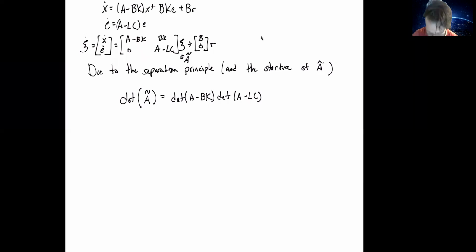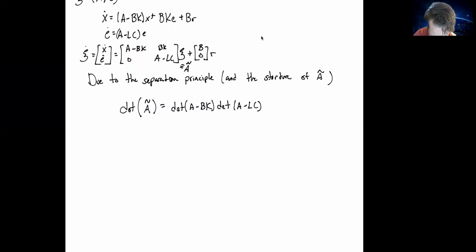Actually, you can show this pretty easily. If you wanted the determinant of this matrix, you can choose which direction you go: the determinant of this guy times this guy, minus the determinant of this guy times this guy.